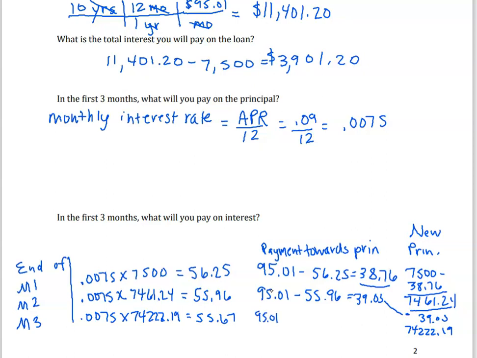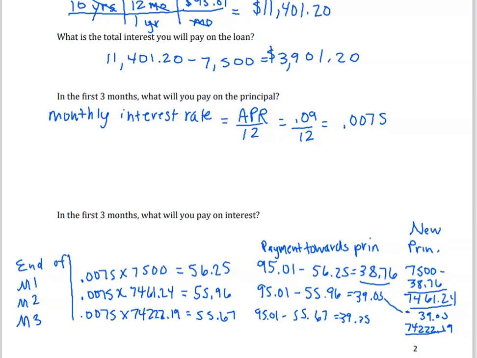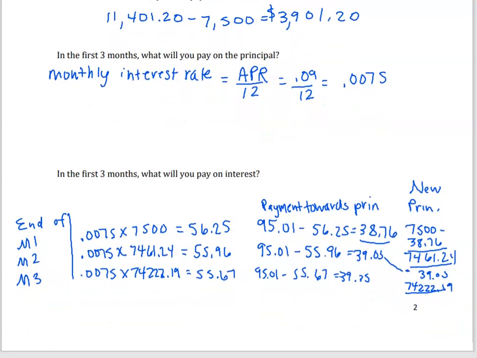My payment's still $95.01, but I subtract my $55.67, and I'm making a dent in my payment of $39.34, which I take off of this, and now I only owe $7,382.85.